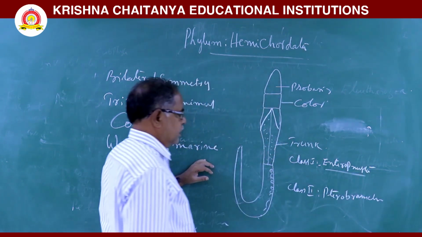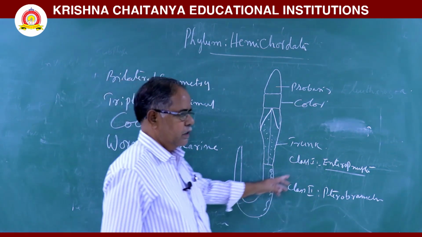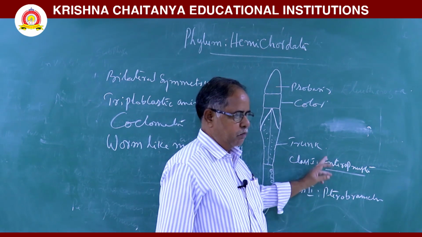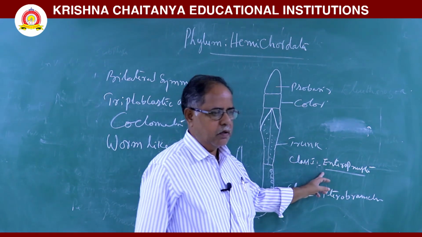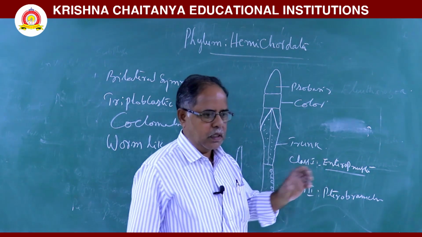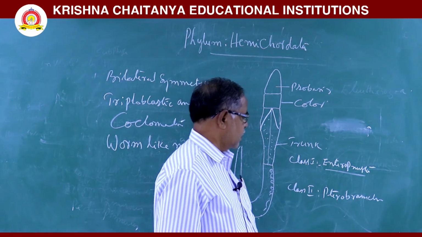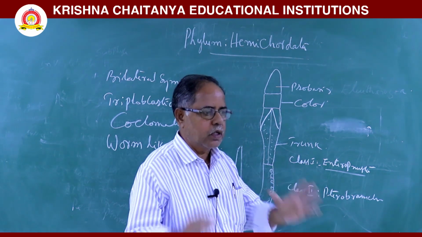Next, in Enteropneusta, they are solitary and burrowing animals. They are generally called acorn worms. During developmental stages, one larva is seen. That larva is called the Tornaria larva. Example, Balanoglossus.